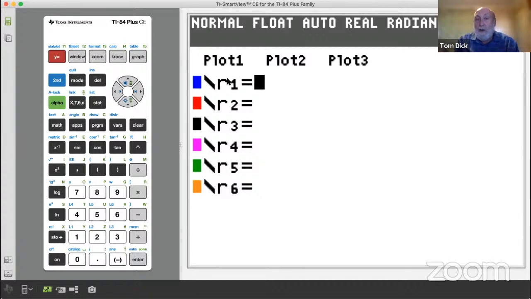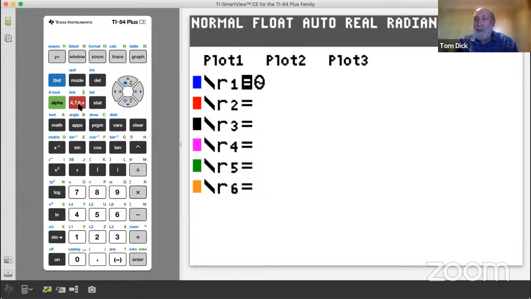These are the radius as a function of a new independent variable, theta, the directed angle measured from the positive x-axis. Once you're in polar mode, the X,T,theta,n key is automatically a theta key, and there you can see a nice theta.